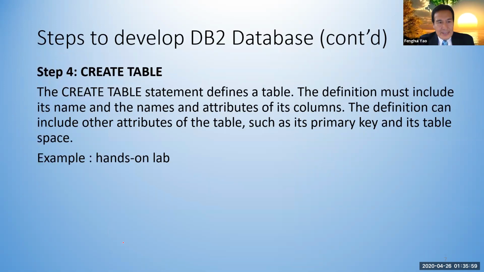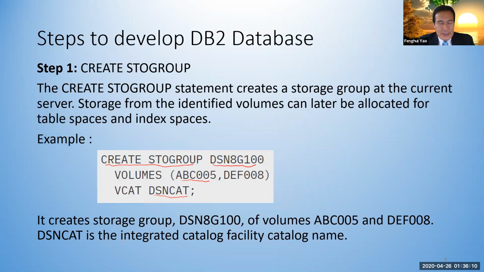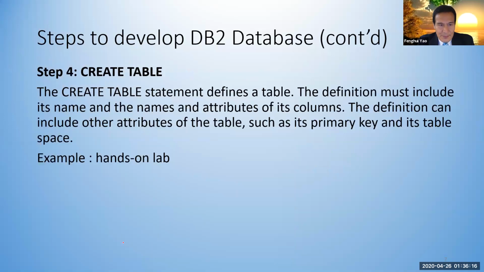All right, then step 4, create a table. So after creating a storage group, a database, and a table space, next is create a table. The CREATE TABLE statement defines a table.